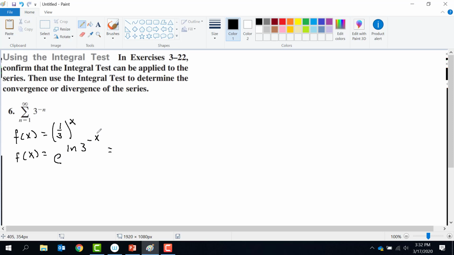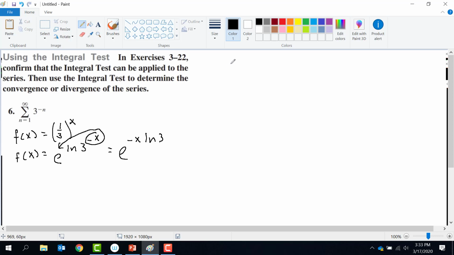The whole point of natural logging is that it allows me to take this exponent and bring it down, and then we end up with e to the negative x times the natural log of 3. Now this is just a constant times x, composed with e to that. And so then we can integrate this and differentiate it as we need to.